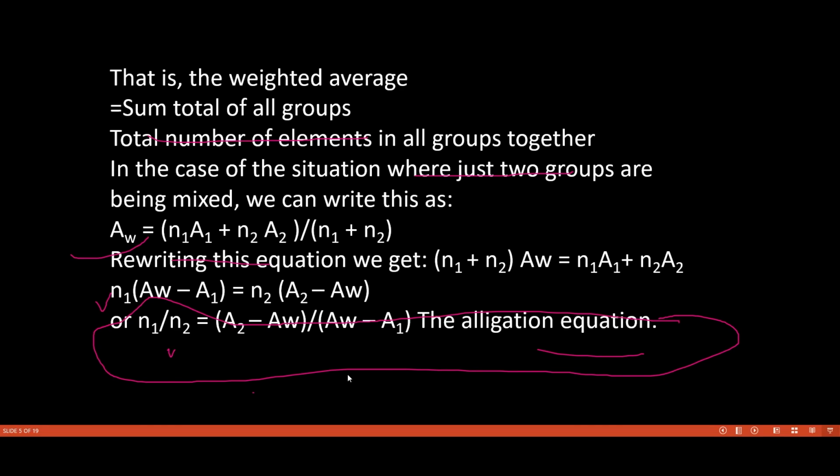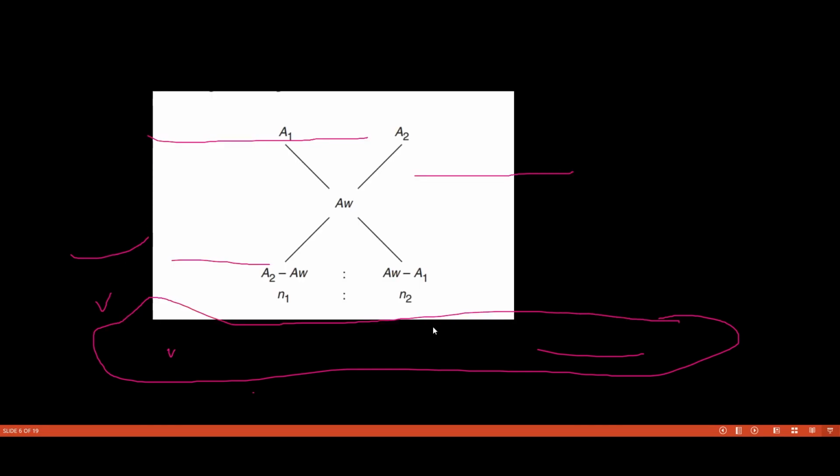Now see, this equation can be represented graphically. You can write A1 at one end, AW, the average of the quantity, in the middle, and then write AW minus A1. Why? Because let us take A1 to be smaller and A2 a greater quantity.